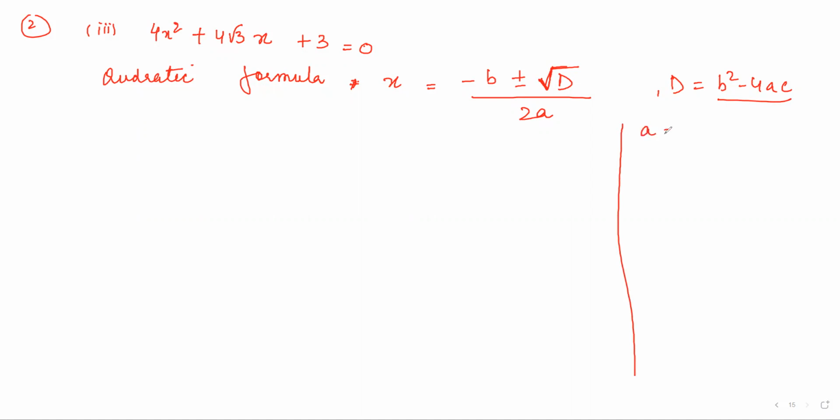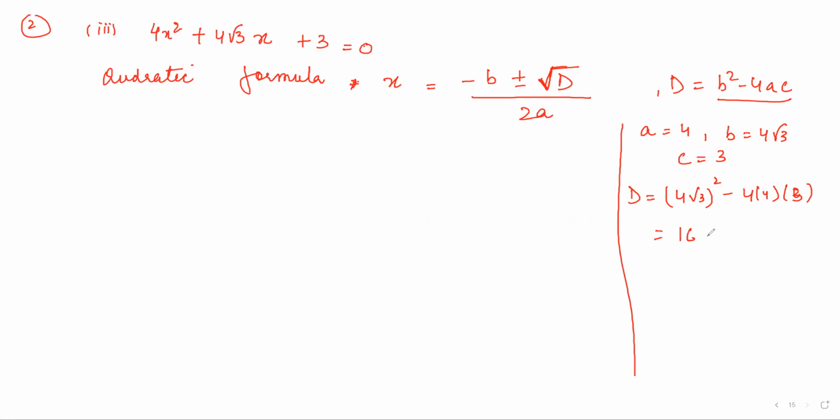So note down: your a is 4, right? b is 4 under root 3 and your c is 3 in this equation. So your d will become 4 under root 3 whole square minus 4 into 4 into 3. So 4 into 4 is 16, right?